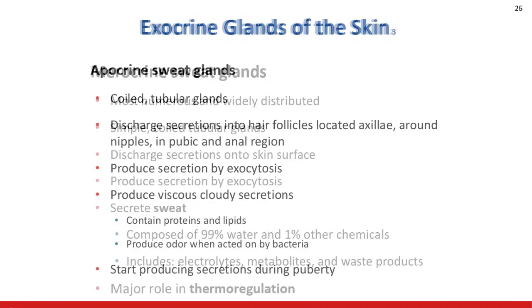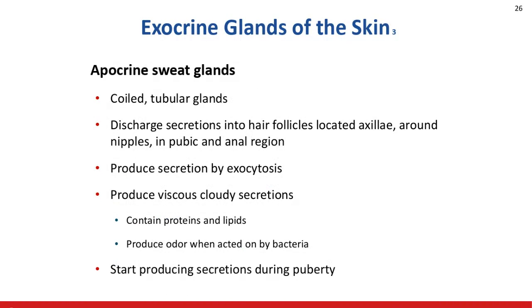That's called exocytosis. The apocrine glands are the ones that don't become active until puberty. These types of glands are going to be found in the vicinity of hair follicles, but specifically around the armpit or the axilla, the nipple area, and the pubic and anal regions.